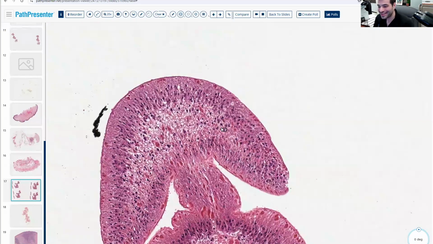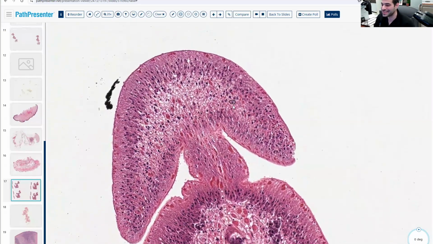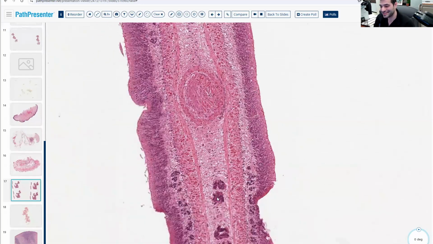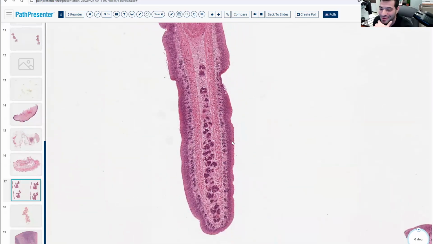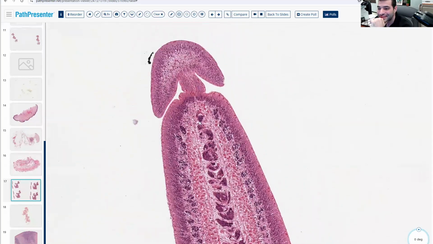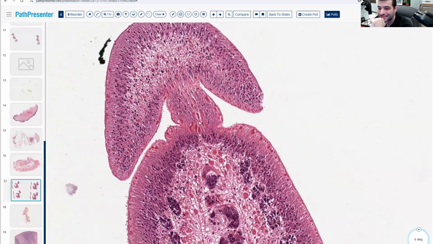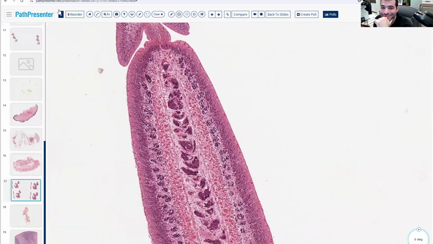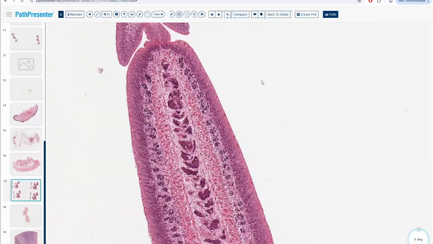Yes. So that's how you know it's a cestode. That's a little cheat code. Okay. What worm causes B12 deficiency? Does Diphyllobothrium latum ring a bell? Exactly. There you go.